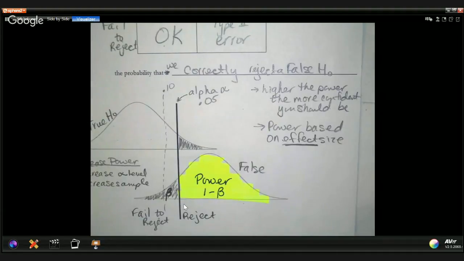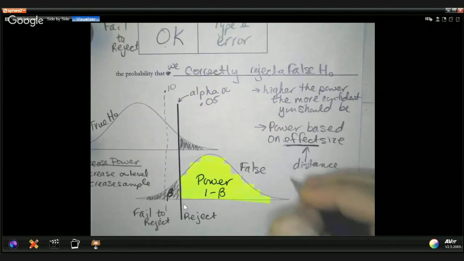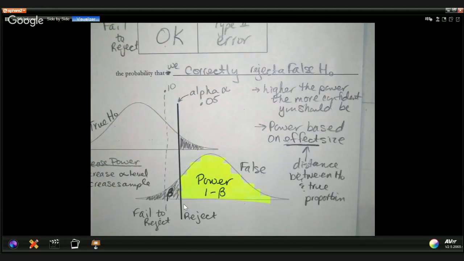And the effect size is the distance between the null proportion and the true proportion. Really, if you have a large effect, it's easier to see. Smaller effects are harder to see.